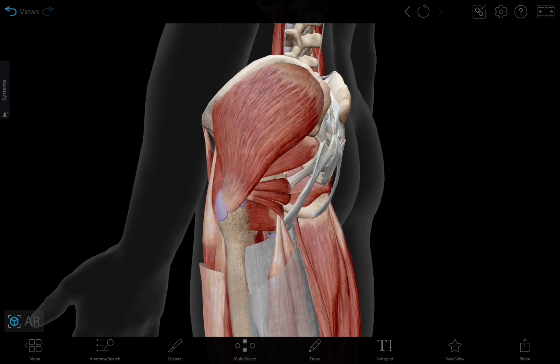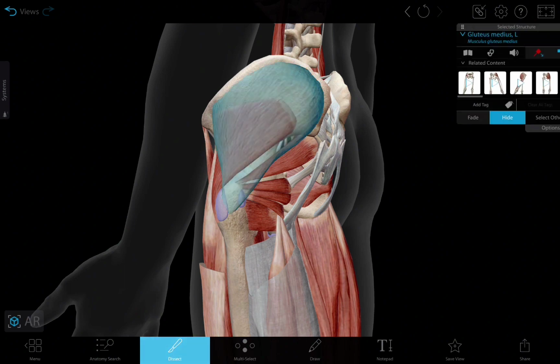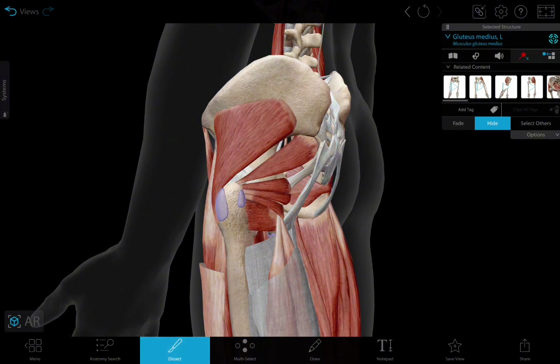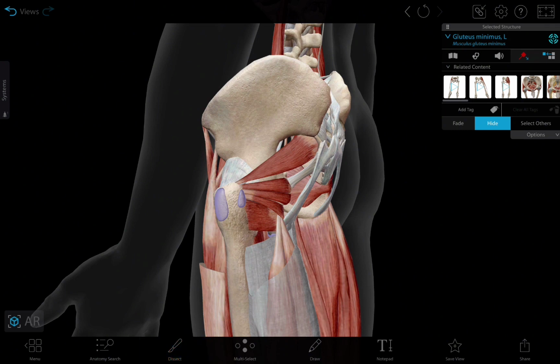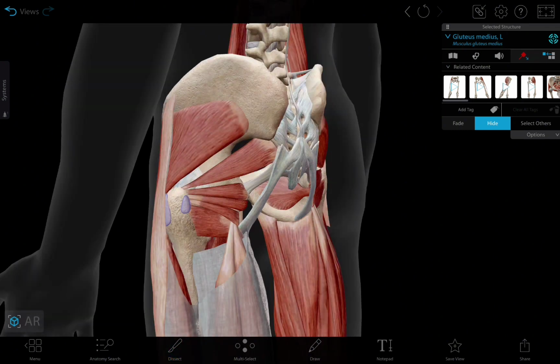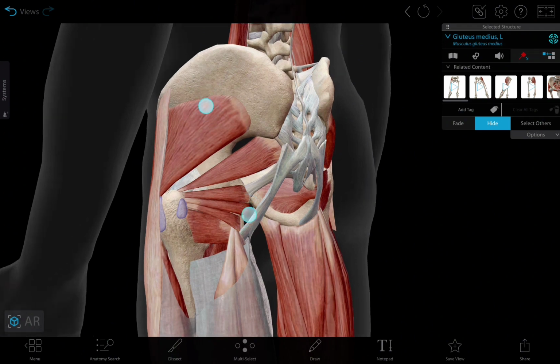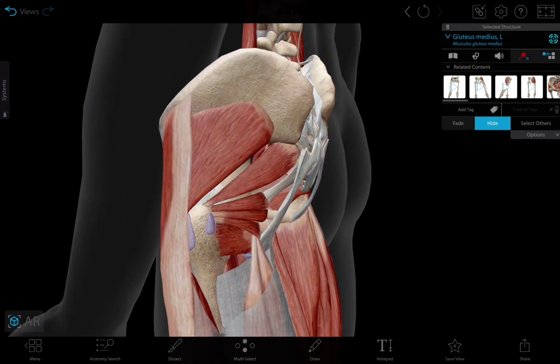And now, do you have any idea where the gluteus minimus muscle is, the third gluteal muscle? Let's dissect the gluteus medius. Look, another muscle pops out. Now you can see that there is another muscle popping up.